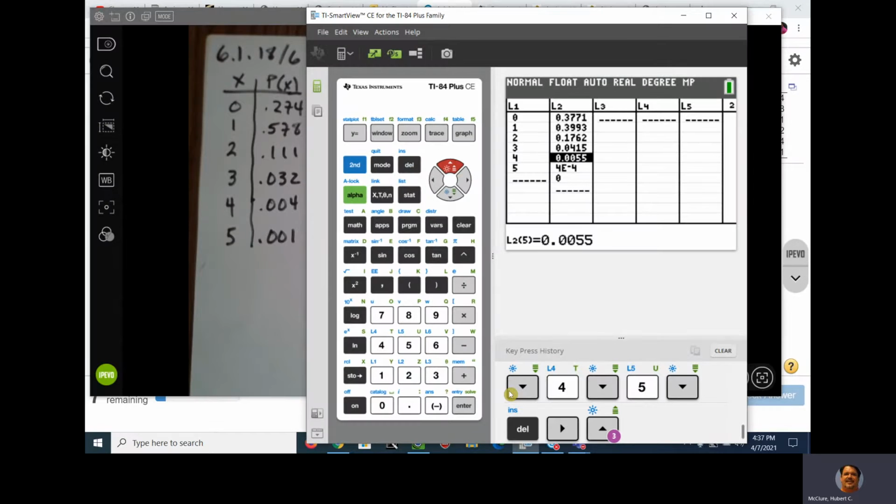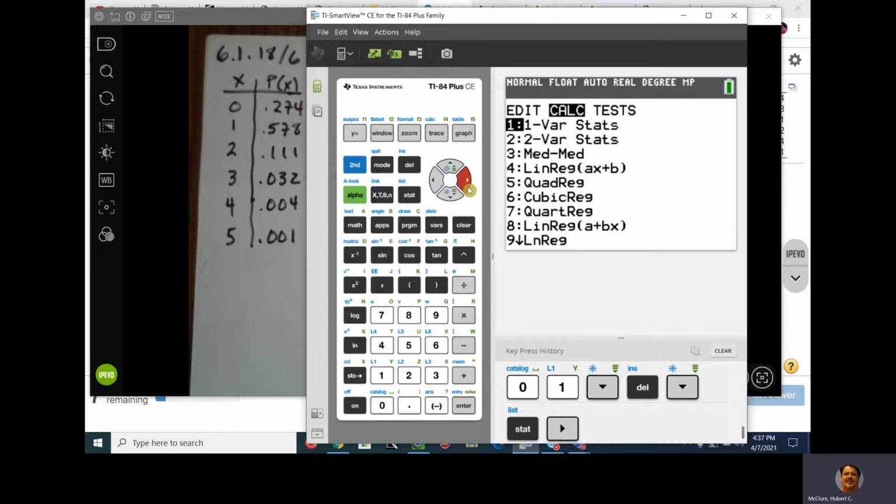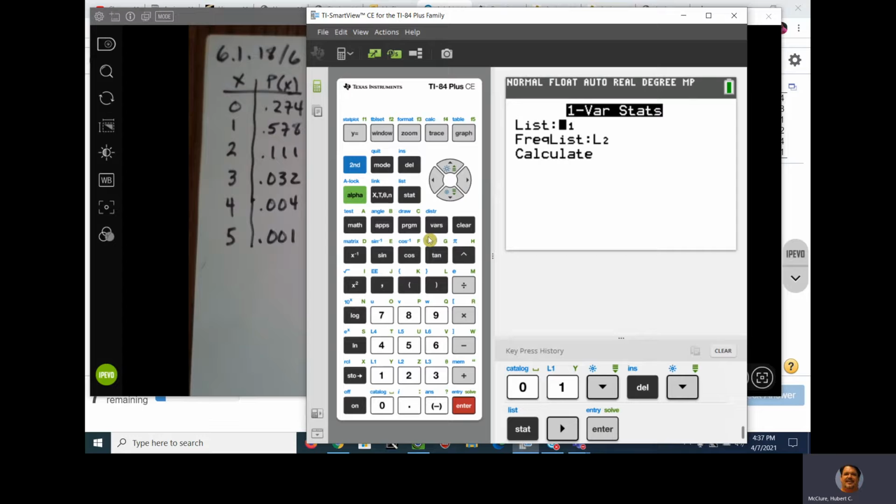And then I'm going to go up here and enter 0.274, 0.578, 0.111, 0.032, 0.004, and 0.001, and delete. Now I'm going to go to stat, calculate, first variable statistic. Make sure you have L1 and L2, the first column and the second column, and hit calculate.